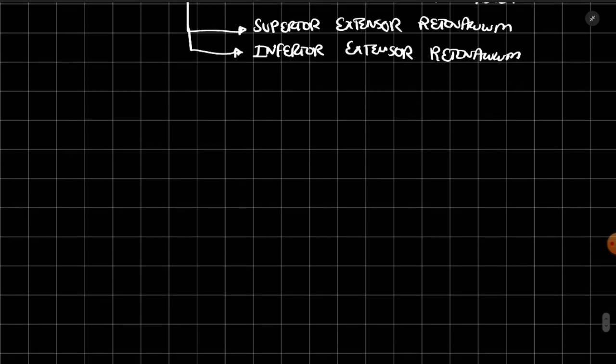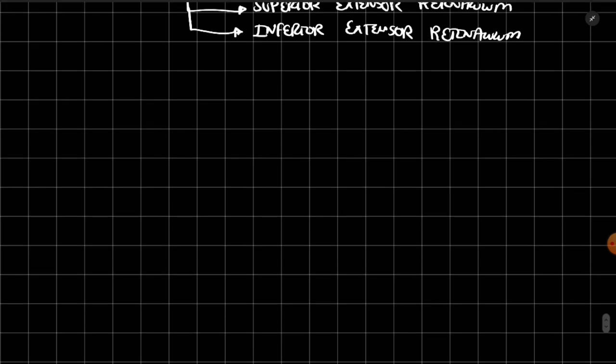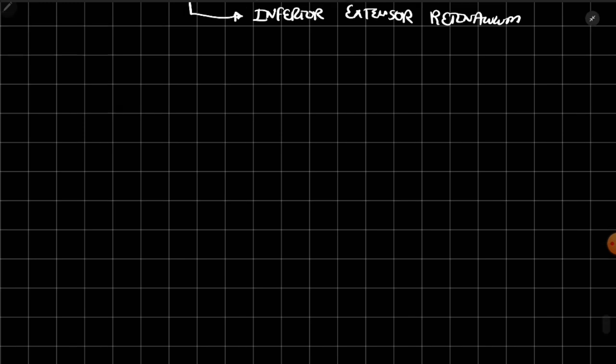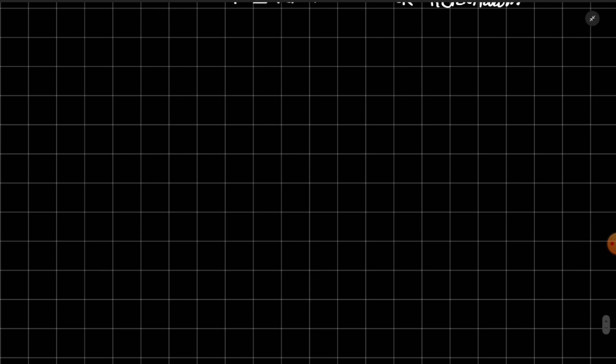Since we are talking about the anterior compartment, first we will draw how the anterior compartment looks. We will first draw the bones of the anterior compartment. The bones are the tibia and fibula. The tibia is medial. We will discuss the right leg, so I will give you the orientation of the figure. The superior and inferior remain the same. For the right leg, looking at the figure, the medial will be on the right side.